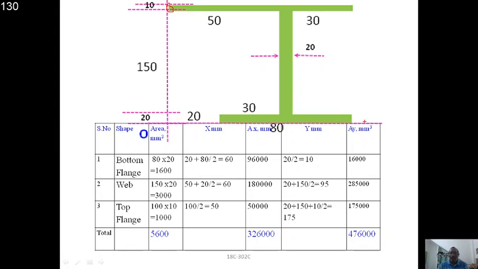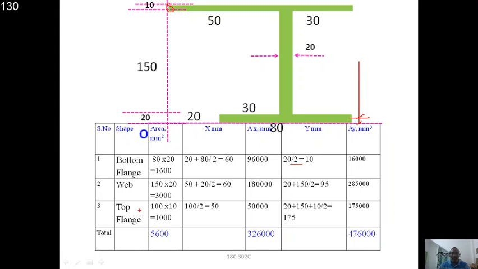A similar procedure is adopted to calculate y1 with respect to the y-axis. So this is y1. Y1 is 20 by 2, that means the thickness is 20, and we require only half.